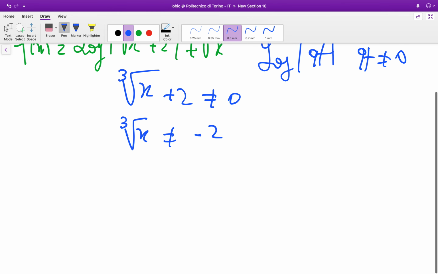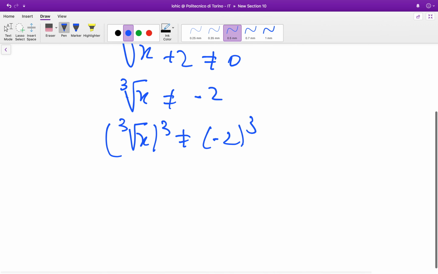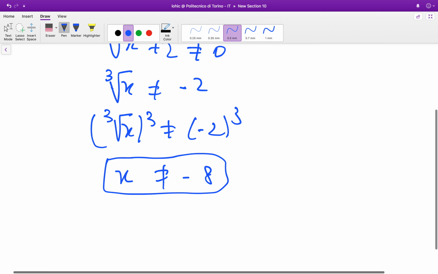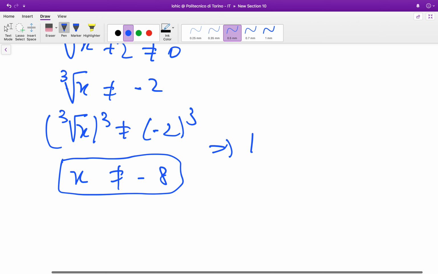So we get that the cubic root of x, all cubed, should be different than minus 2, all cubed. The cubic root of x all cubed is x, so x should not be equal to minus 8.